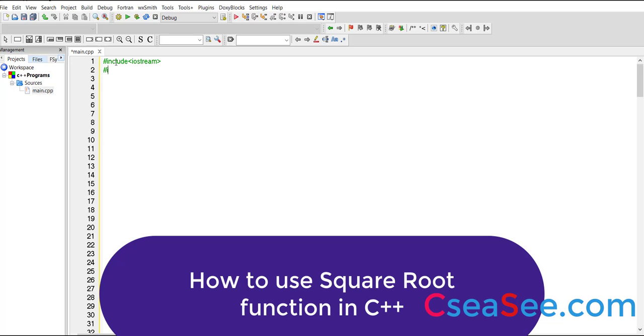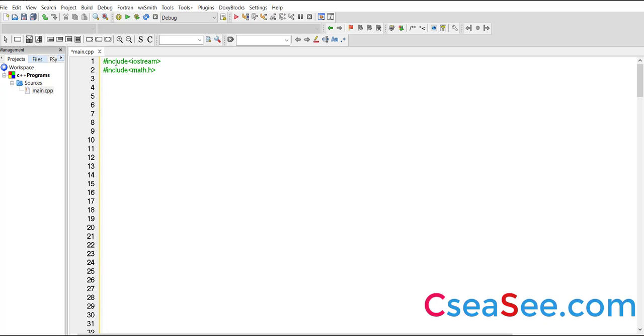Now to activate the square root libraries, we would have to use include math.h. If we do not include this, we would not be able to utilize the square root libraries, or in other words, the libraries that are actually giving us the facilities to evaluate square roots. So that's the meaning I wish to convey.